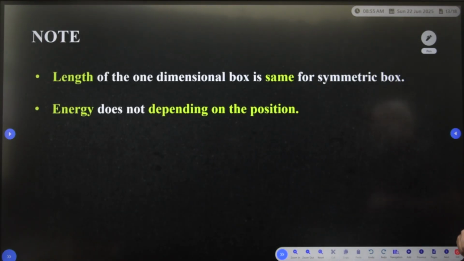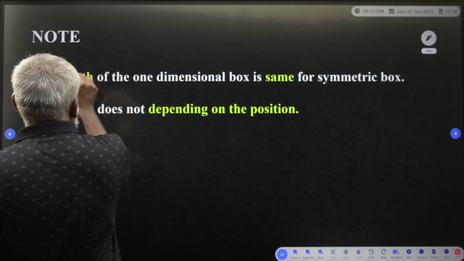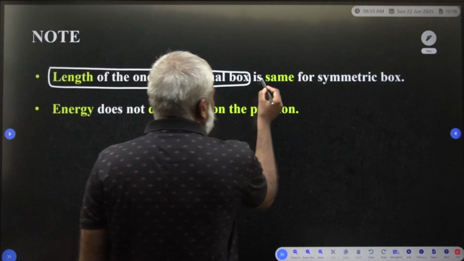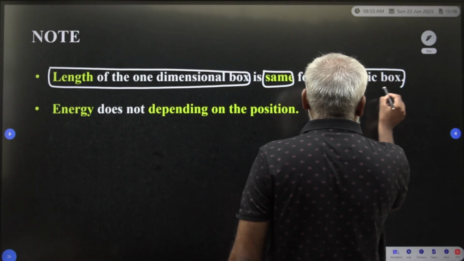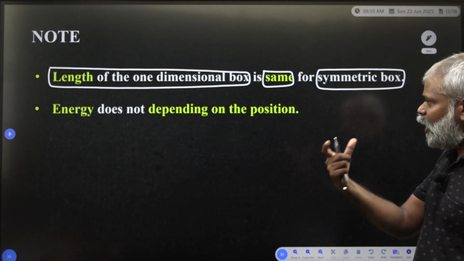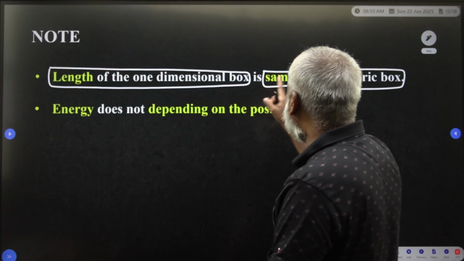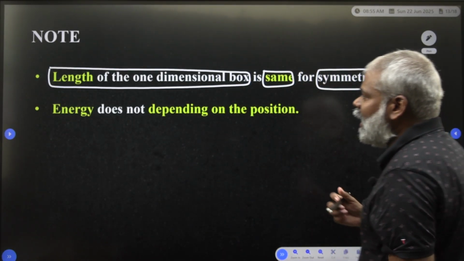How do we write the conclusion? The length of the one dimensional box is the same for a symmetric box. Maybe in the evening I will teach how it will vary for an anti-symmetric box; those things I will also discuss.